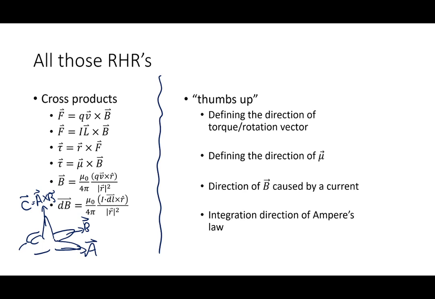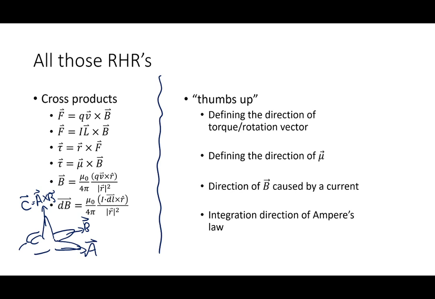So as long as I have the form of the equation with the cross product, this is my thumb, index finger, middle finger, and so on and so forth, right? The one rule for the cross product works for all cross products, and we see it in a variety of different situations.